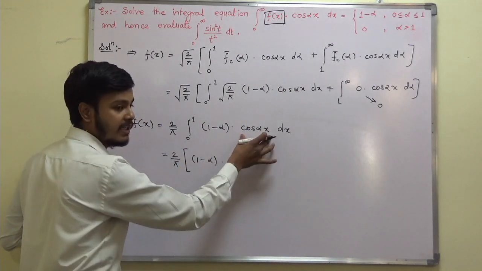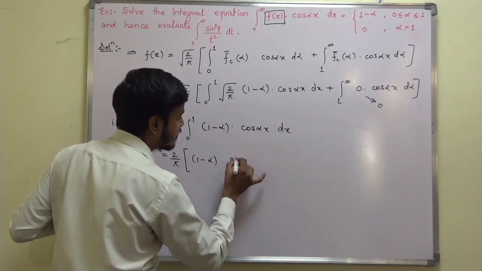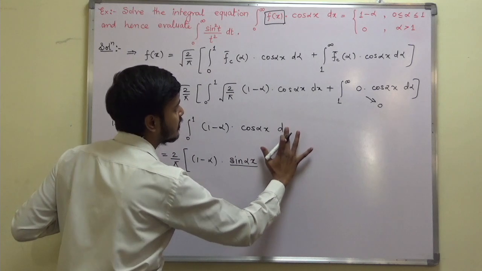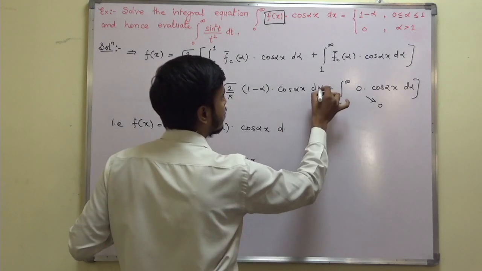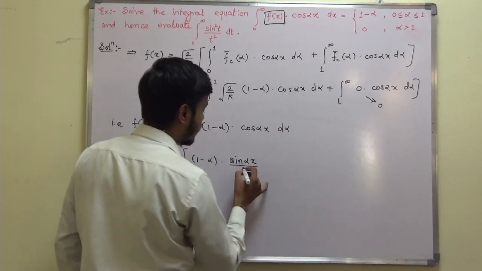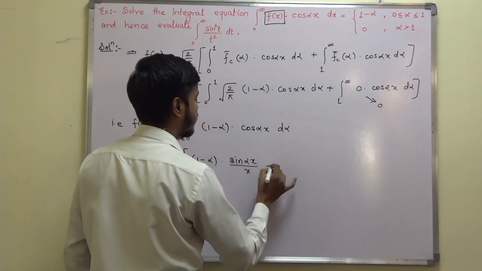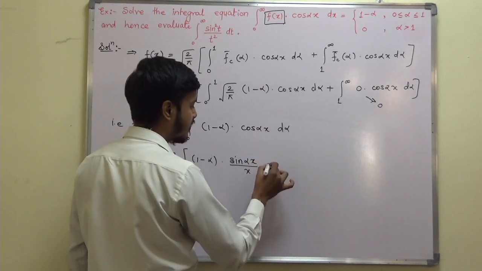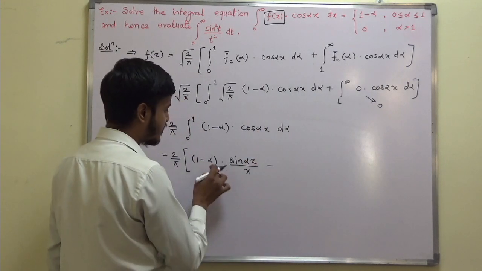Integration of second. Integration of cos is sine alpha x upon x. Here integrating with respect to alpha.